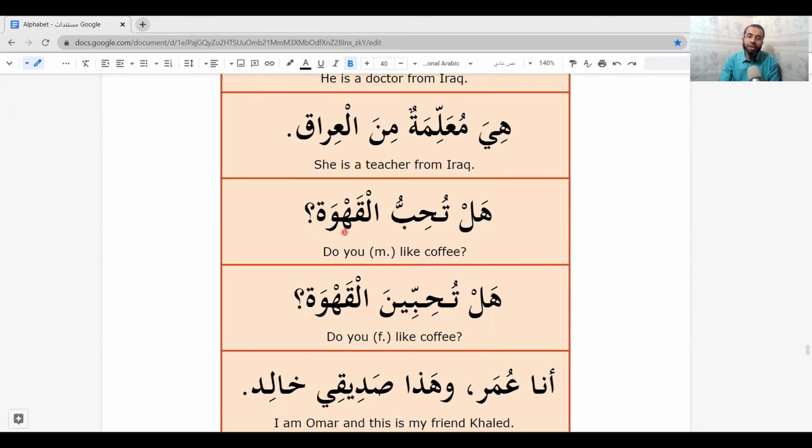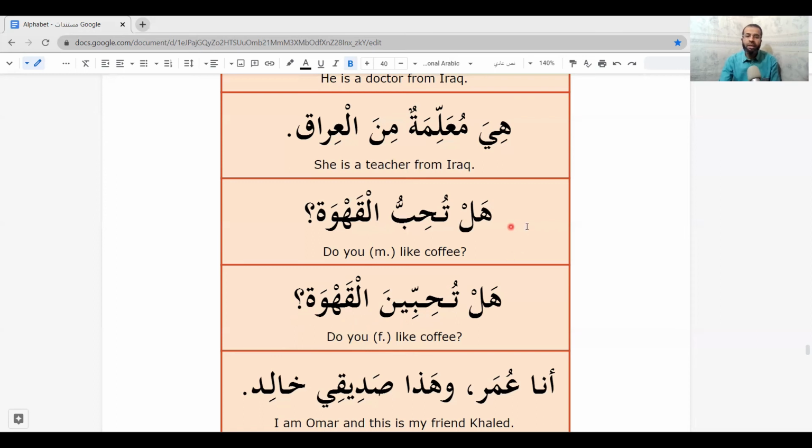But when we join these two words, تحب and القهوة, the alif in the beginning of القهوة will be silent. So it will be هل تحب القهوة. And for female, هل تحبين القهوة.